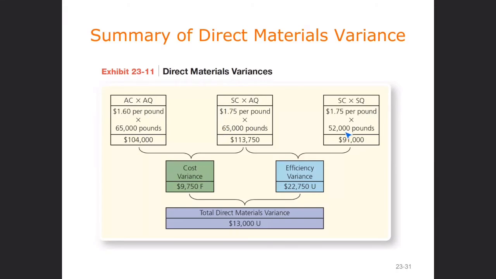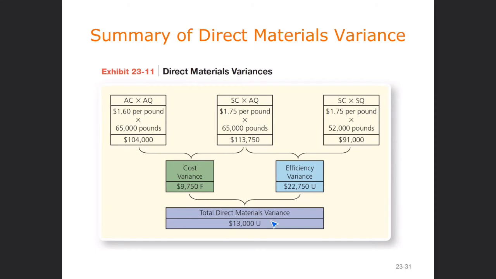This is just another way to show that. They put the calculation in each box to show you where that would go on a diagram. And then we have our cost variance, 97.50 we saw in that previous slide, and in the last slide we looked at the efficiency variance, the 22,750.